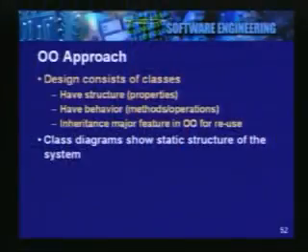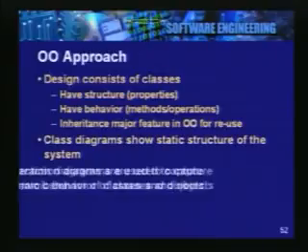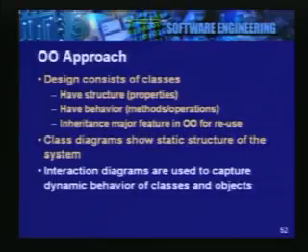The class diagram identifies what are these different class components, and besides the class diagram we use interaction diagram which indicates the dynamic behavior of the system in terms of classes interacting with each other. So, we will see this object oriented approach subsequently in much more details.